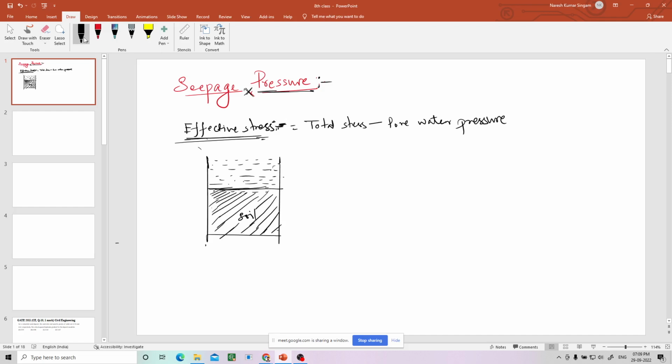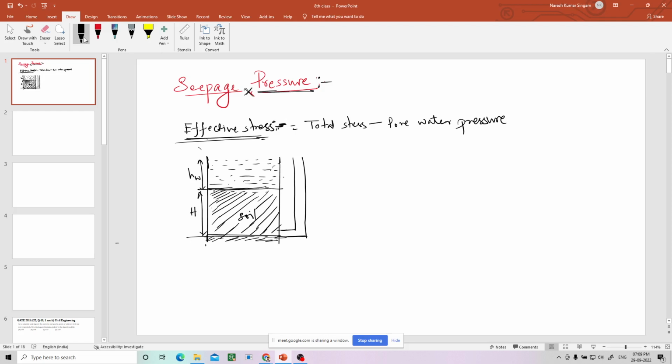Now this height, let us say, is capital H, and this height is HW, the height of water standing above the soil.